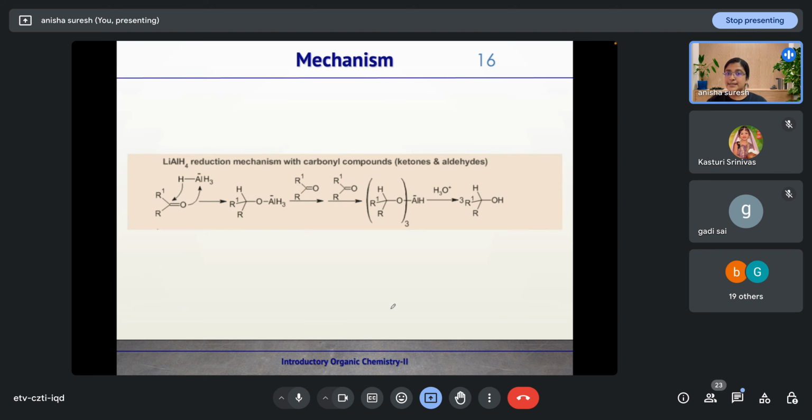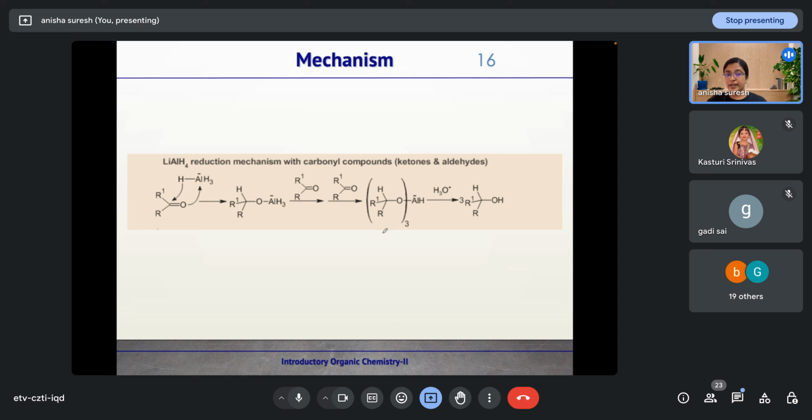So, this is the mechanism of reduction by LAH. A hydride will be attacking the carbonyl center, and this oxygen will coordinate with aluminium. It will result in the formation of this intermediate. Since there are four hydrides present in one LAH, two more additions will be possible.